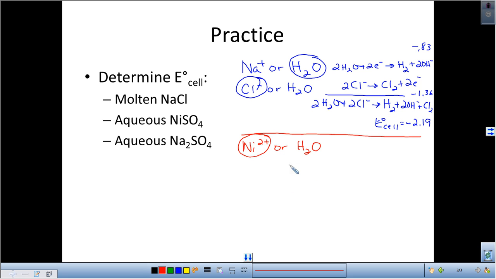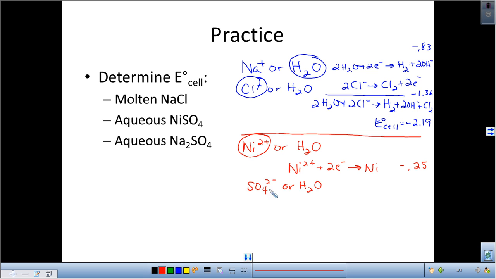So it's going to be nickel 2 plus 2 electrons is going to yield nickel solid. And the reduction potential for that is negative 0.25. Now we're going to look at the anion. Well, is it going to be the sulfate or the water?